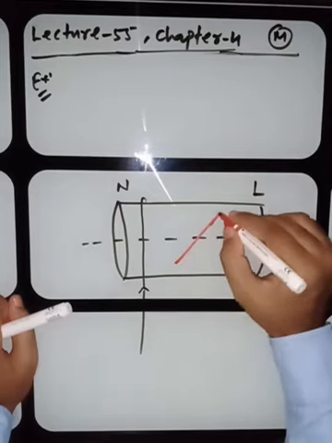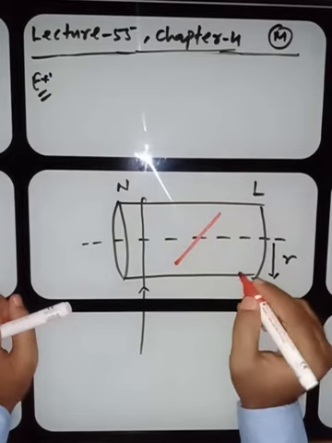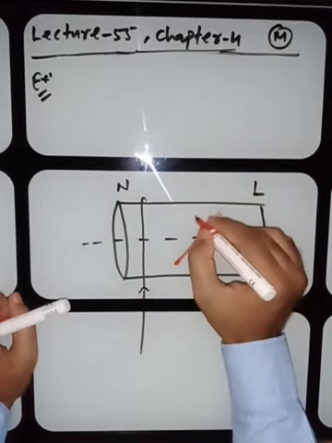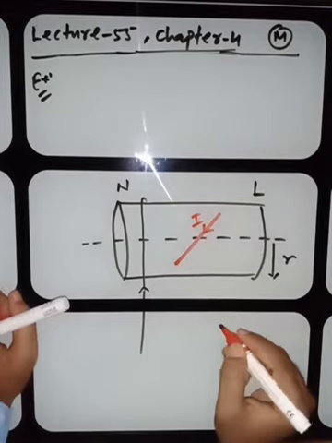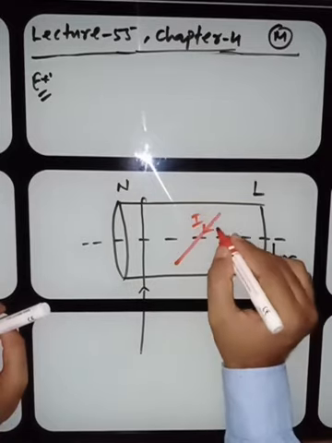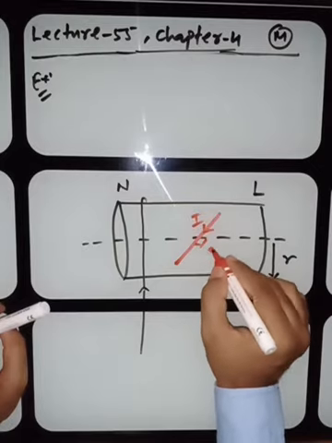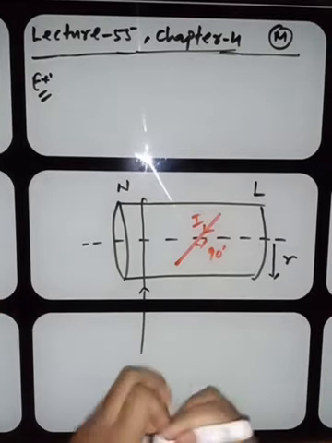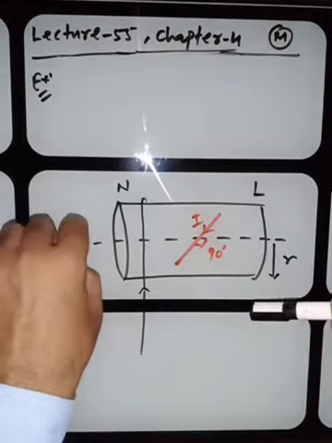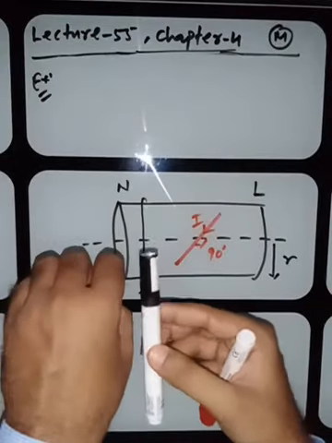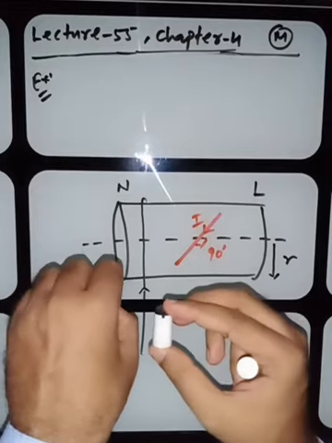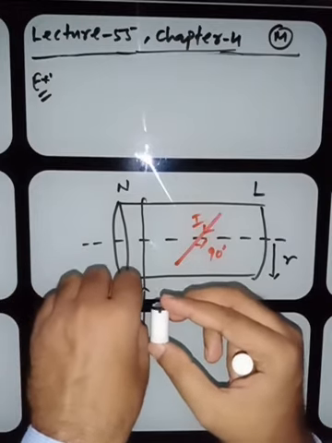Remember, this is at 90 degrees. If this is the horizontal solenoid, you have to place the conductor inside it.